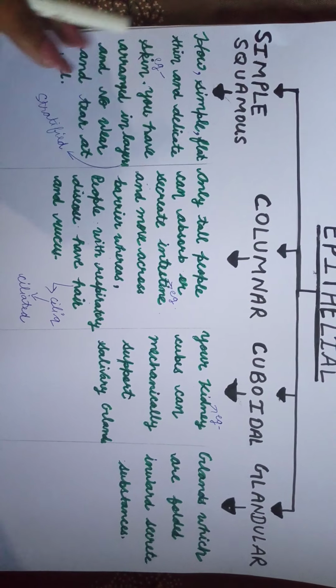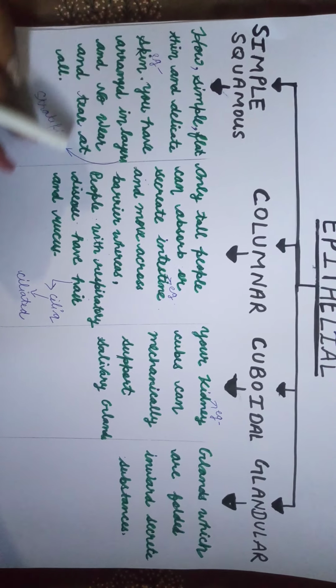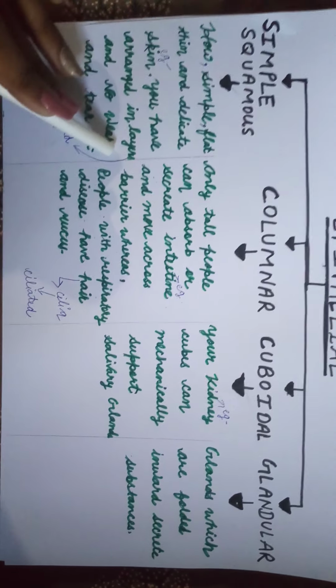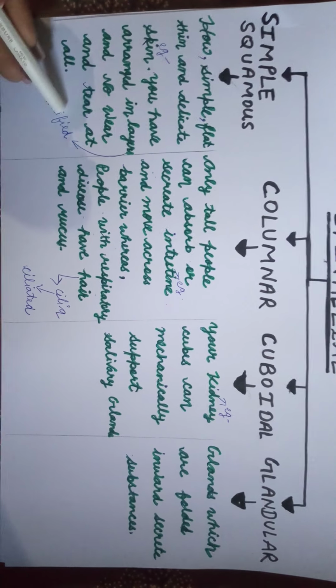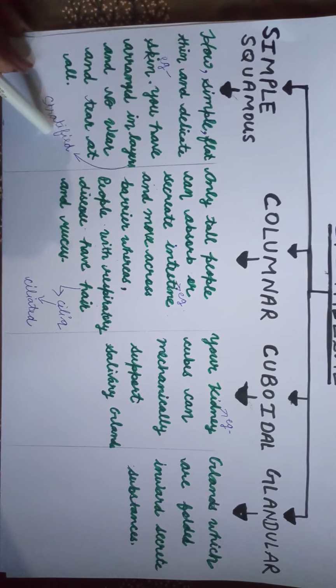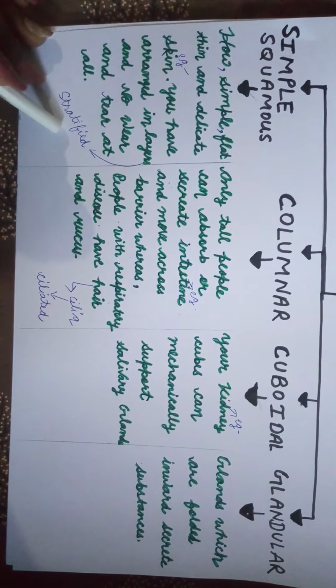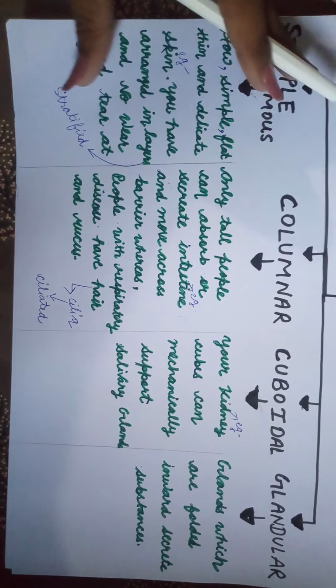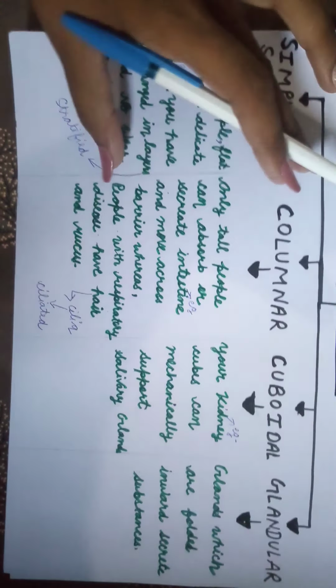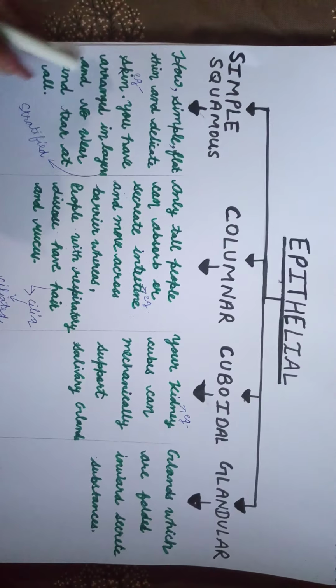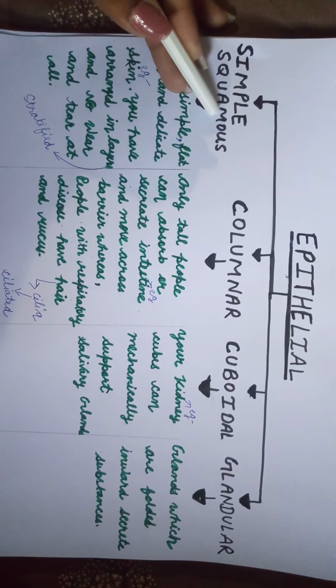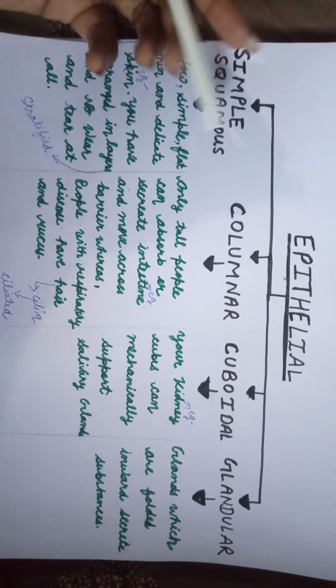They are arranged in the pattern of layers, which is why they are also called stratified. So these are the basic characteristics of simple squamous epithelial tissue.